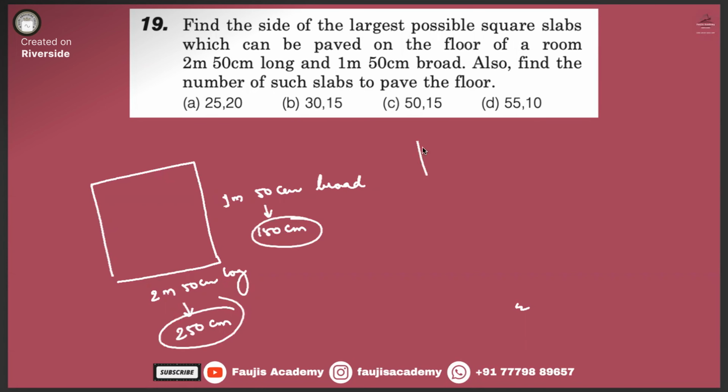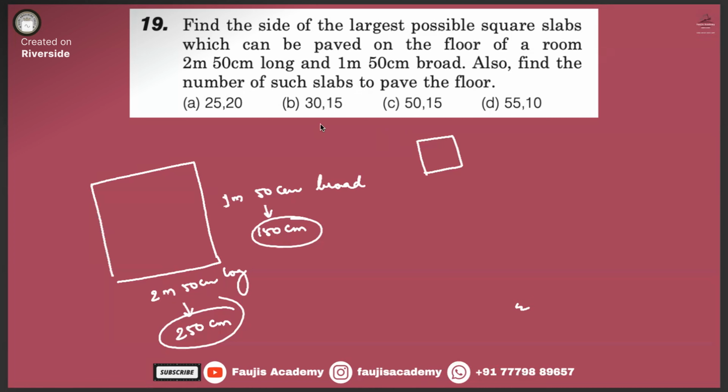Largest square tiles. Okay. To find the largest square tile over here, what do we do? Tell me, guys. The largest square tile. Yes, that's also correct. One thing did you notice?